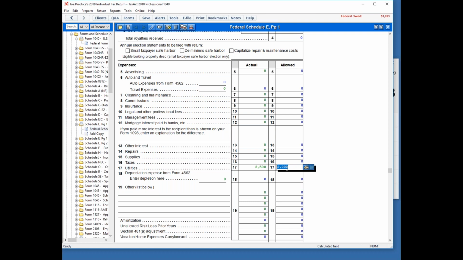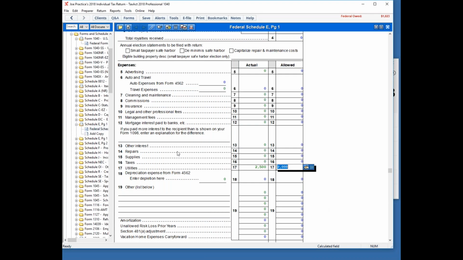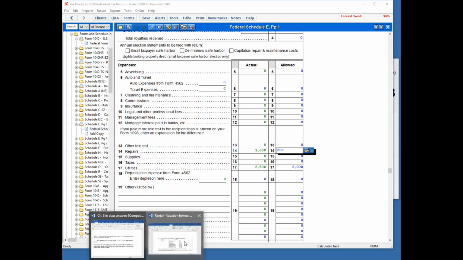The 80% is what's allowed. Okay, let's put in our remainder. We got maintenance of 1,000. Notice I'm holding off on the depreciation just for a second. Repairs of 1,000. So 80%, that looks good.